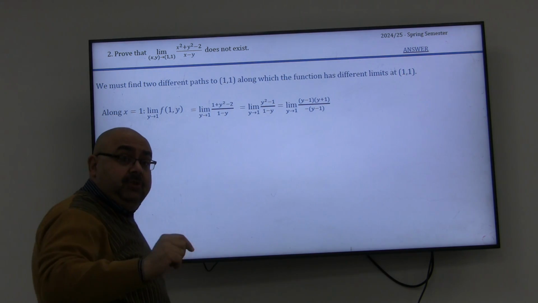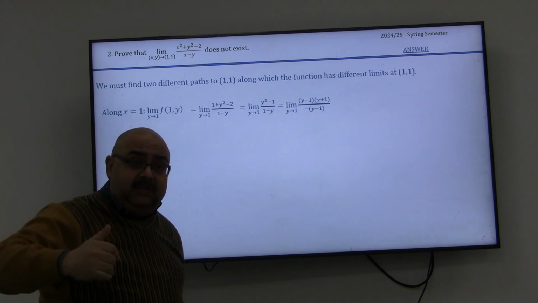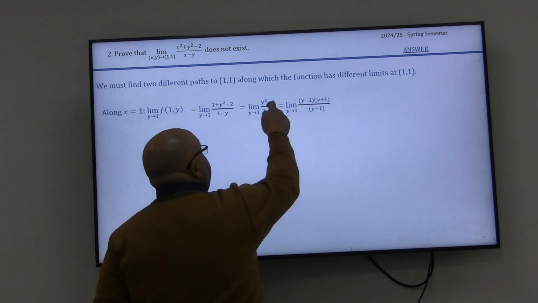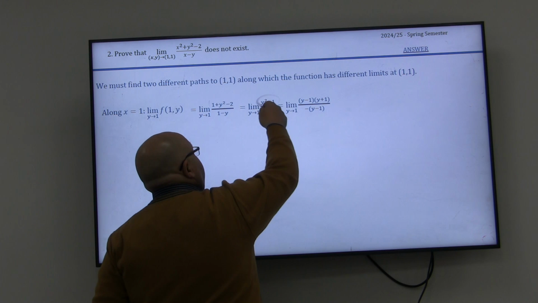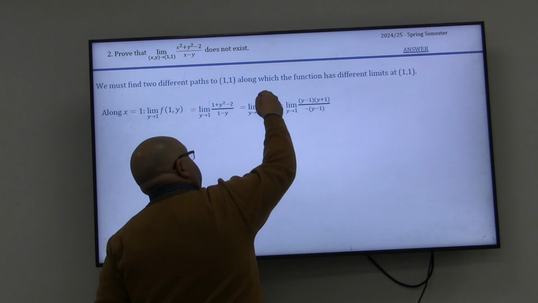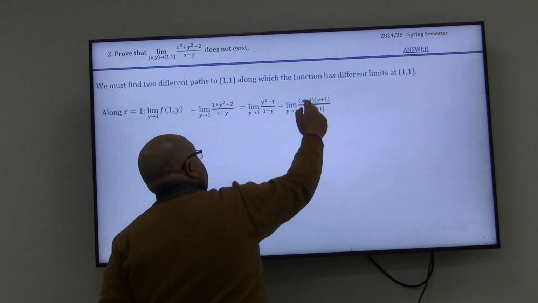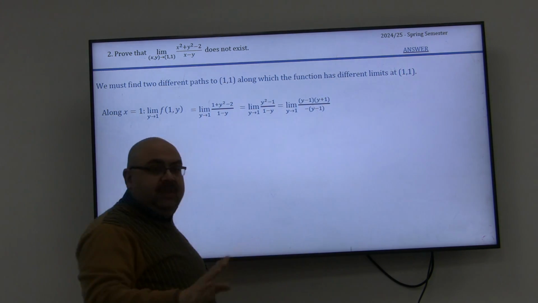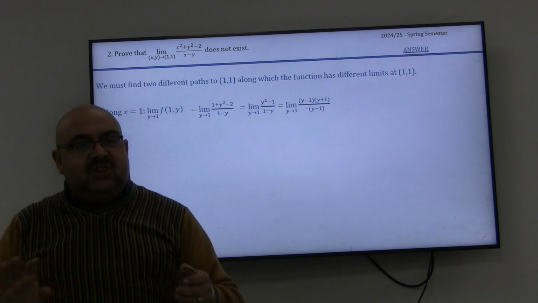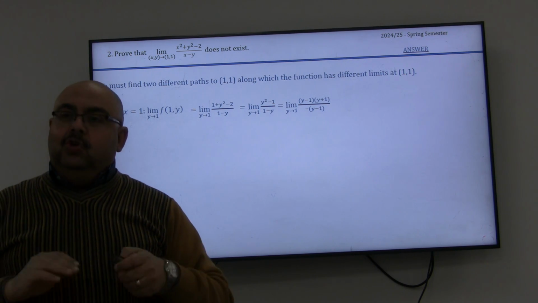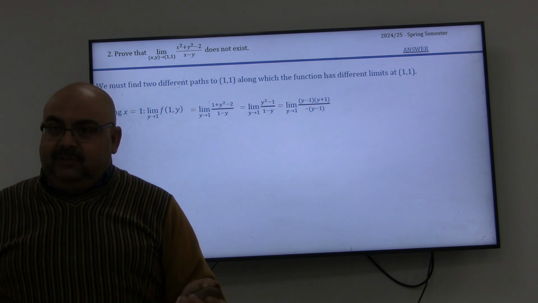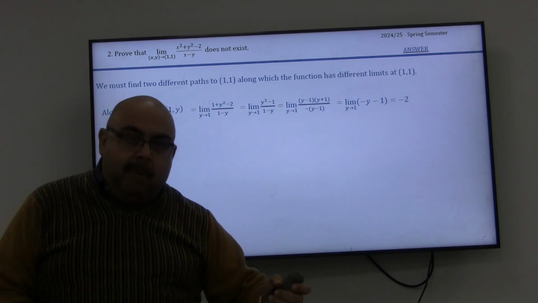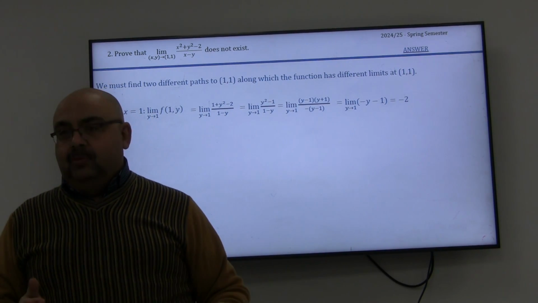Of course, if you substitute, it's going to be undefined, 0 over 0. But with a simple trick, by factorizing y squared minus 1, it's going to be y minus 1 times y plus 1. I can eliminate these 2 brackets together, and this way I've eliminated the 0 factor from the denominator. You have a well-behaved value. All you have to do is substitute, and so for this path, it's negative 2.